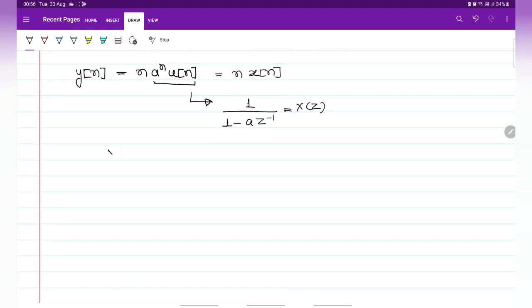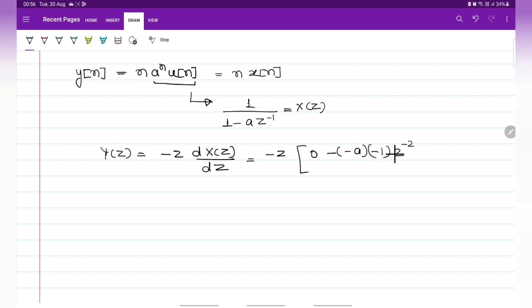So we can write Y of z is equal to minus z dX of z by dz. We know what is X of z, so we need to differentiate this term, and we will get minus z into 0 minus a into minus 1 times z to the power minus 2 divided by 1 minus a z inverse whole square, right?